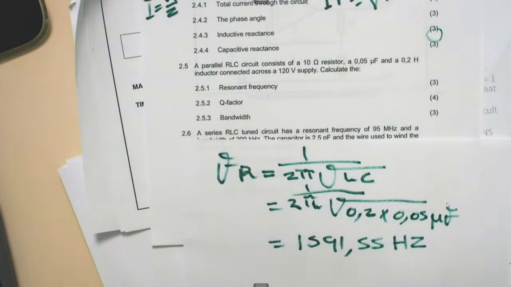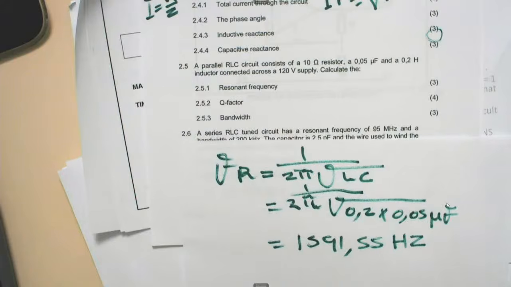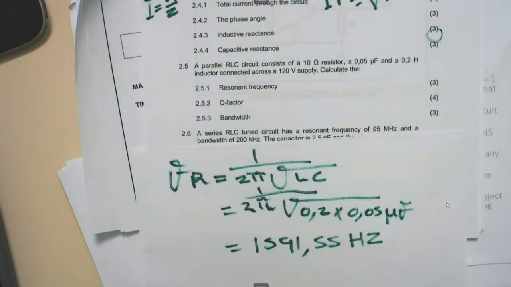Now we are going to the Q factor. Here is the formula for Q factor. Q is equal to XL over R, which in this case our R was given as 10.